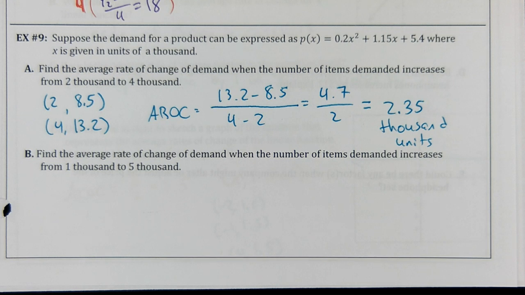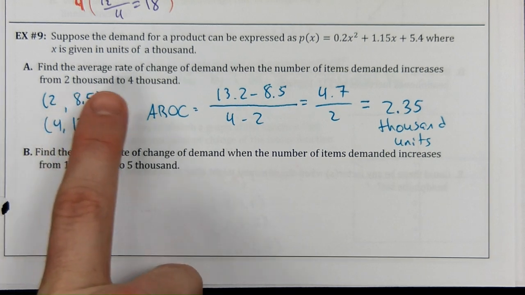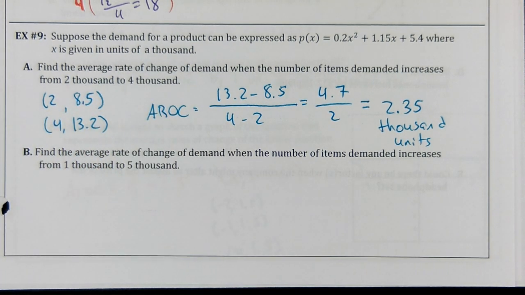Okay. So what is that telling us? It didn't ask us, but what is that telling us? It tells us that as we increase from 2,000 to 4,000 units, the demand is still rising. The demand is rising at 2.35 thousand units.